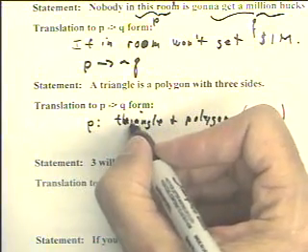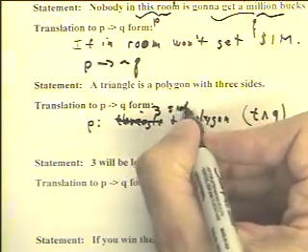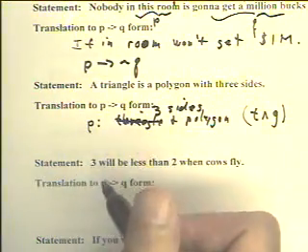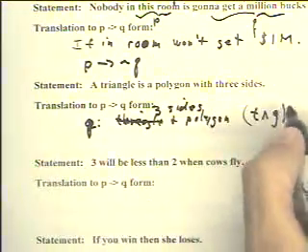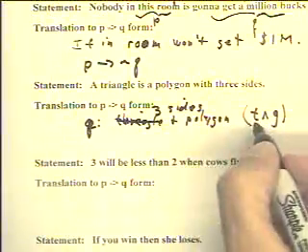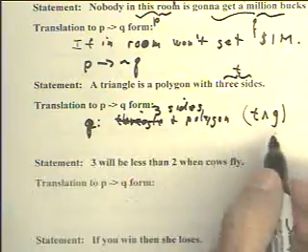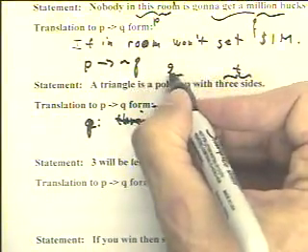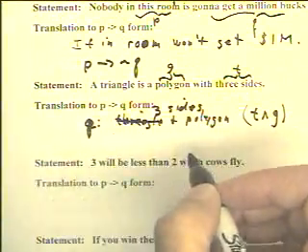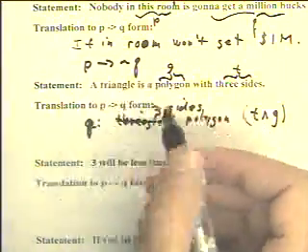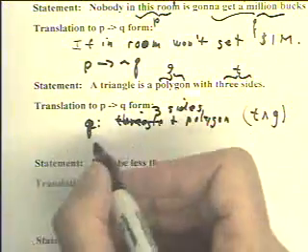We're going to say 3 sides and a polygon, and we're going to call that Q. Okay, so 3 sides will still be T, and a polygon we're still going to let be G. A triangle, that's going to be P. We're going to say if it's a triangle, then it's a polygon with 3 sides.